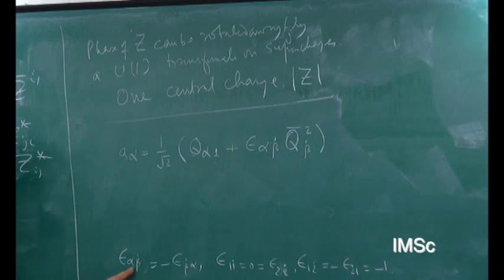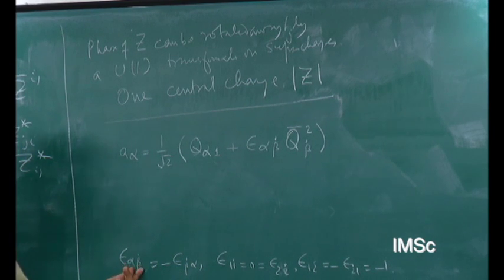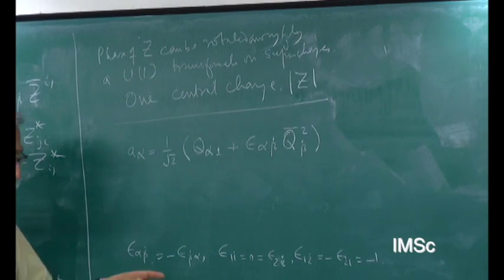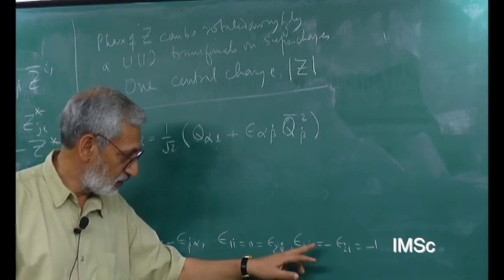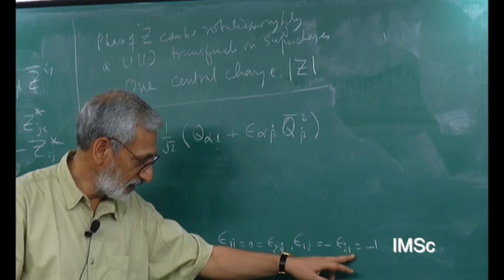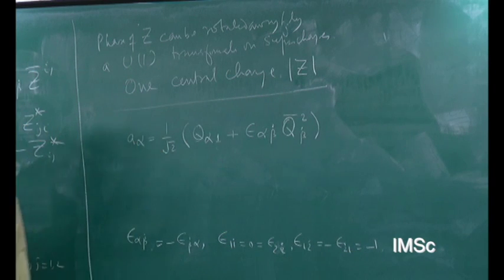Earlier we did not define epsilons with mixed indices alpha and alpha dot. Now we have defined them with mixed indices, and we give them specific values. It's antisymmetric in the interchange of these two, so 1 2 dot is minus 2 dot 1, and that's minus 1.